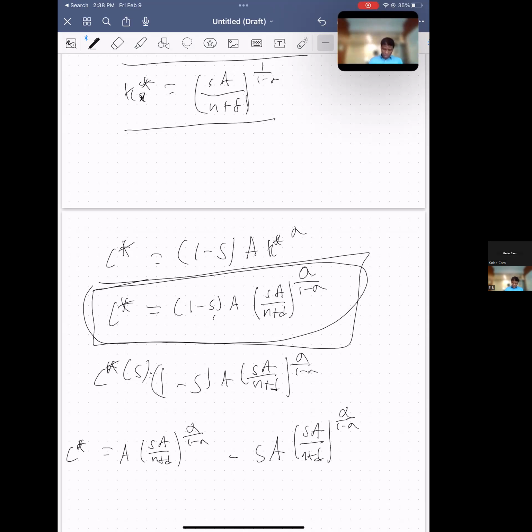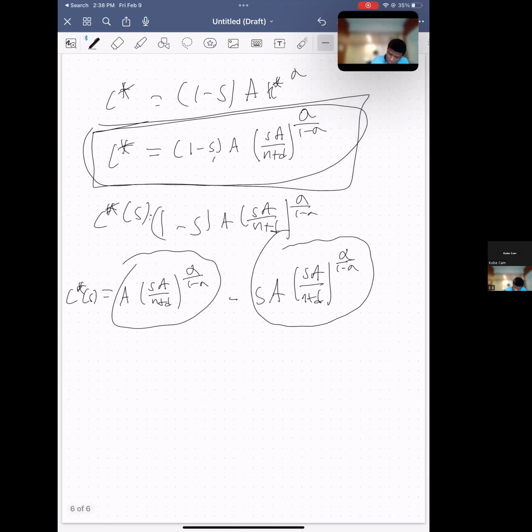We need to take the derivative of this, and we can make it a little easier on ourselves if we take the S's out of this jumbled expression. Let's do that.